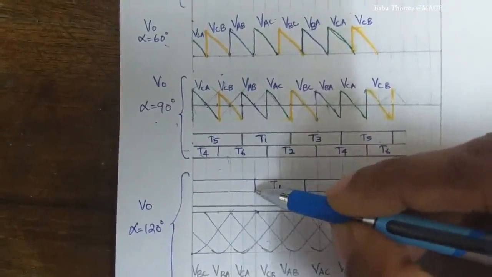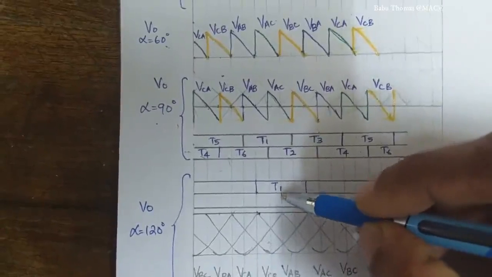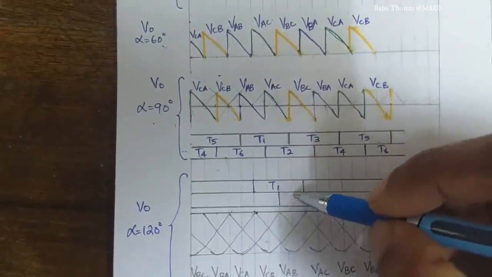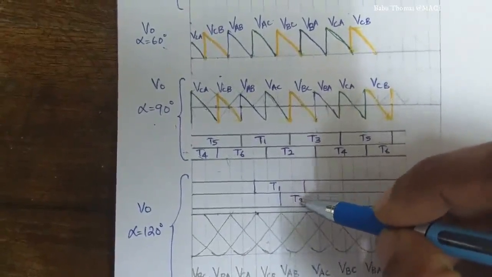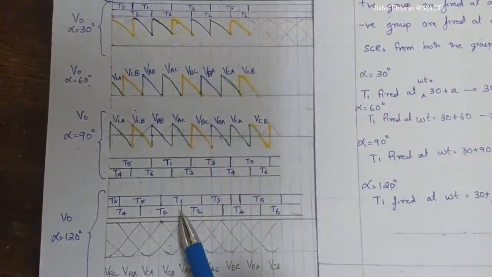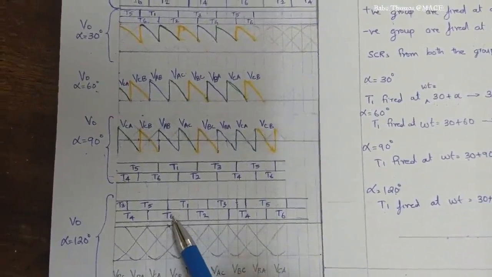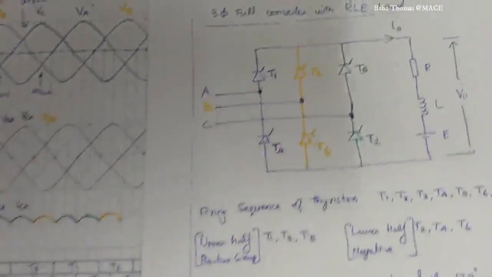So once thyristor T1 is fired, after 60 degrees, I need to fire thyristor T2. Now the entire firing sequence of thyristors, I have mentioned over here. So at this instant, T1 and T6 are conducting. We can see it from this figure.